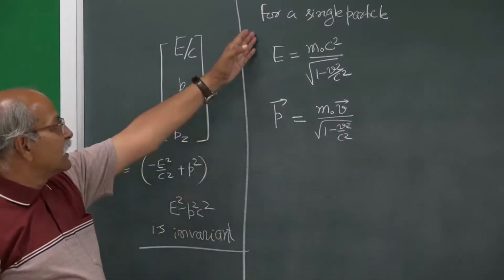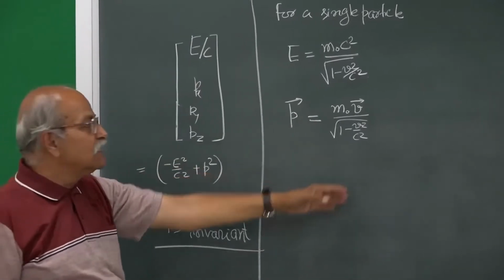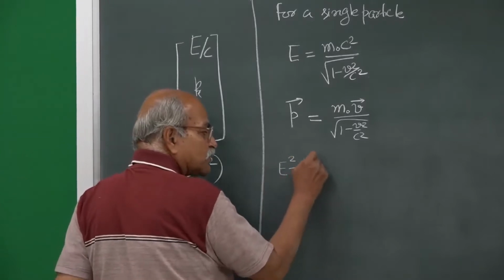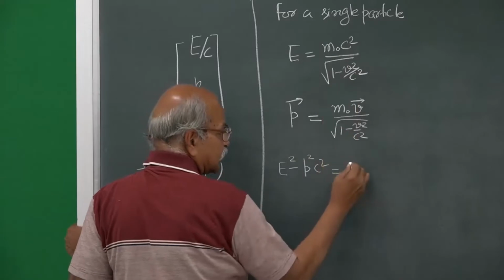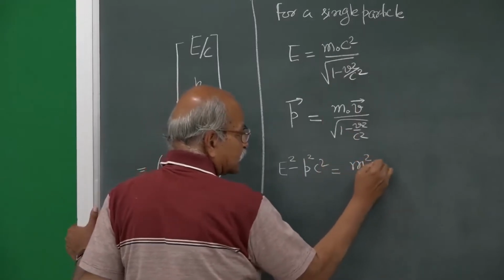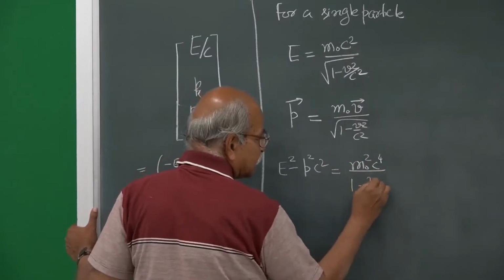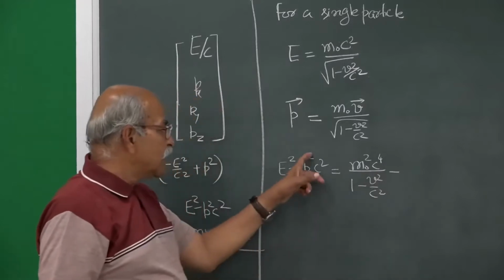For this particular case, a single particle, you can calculate from here. So, E square minus the magnitude of linear momentum square times C square is equal to the square of this. So, m naught square C power 4 divided by 1 minus V square by C square, and then minus P square C square.